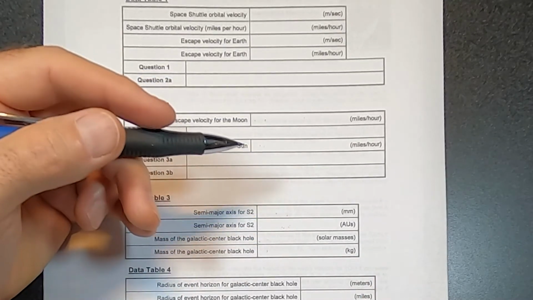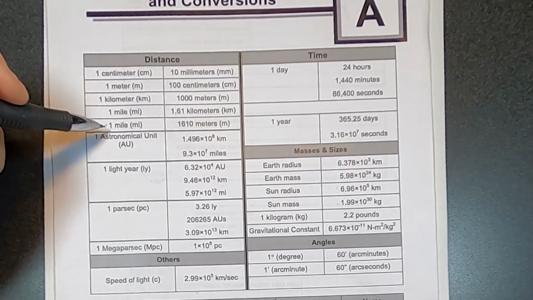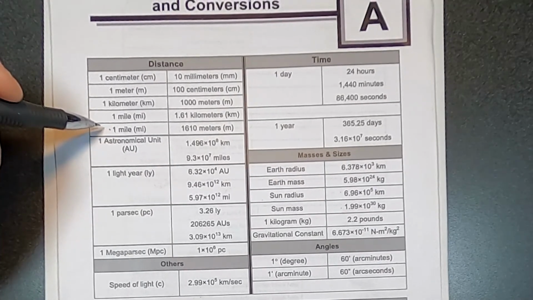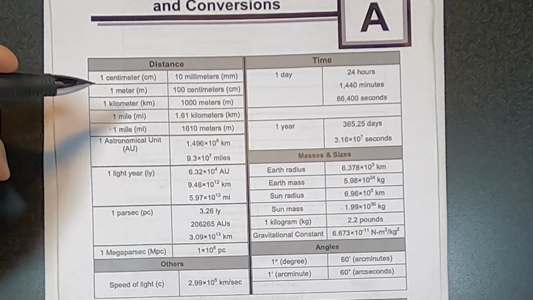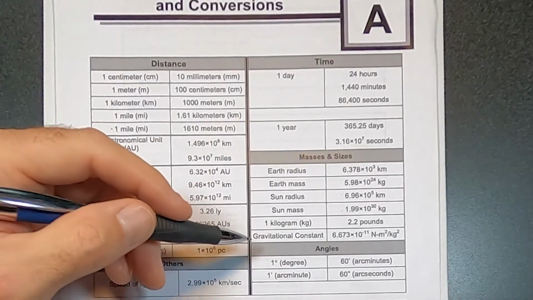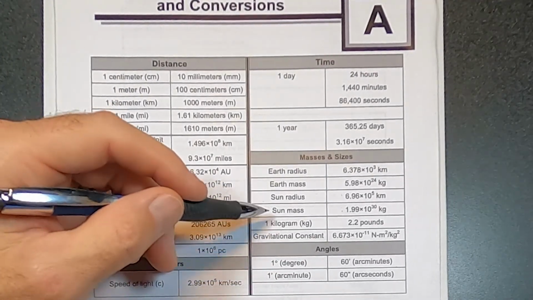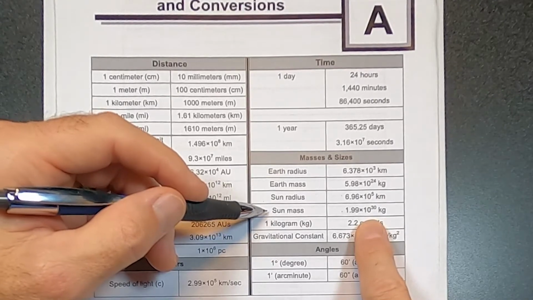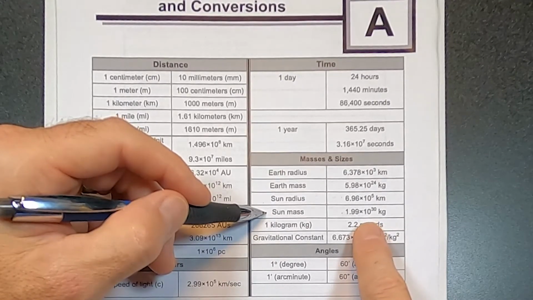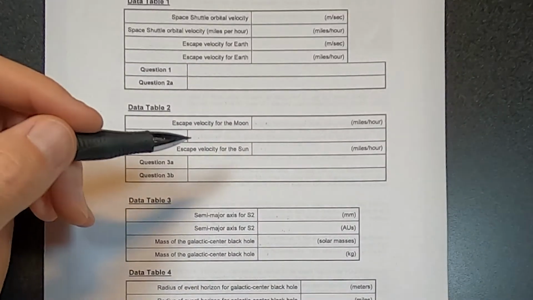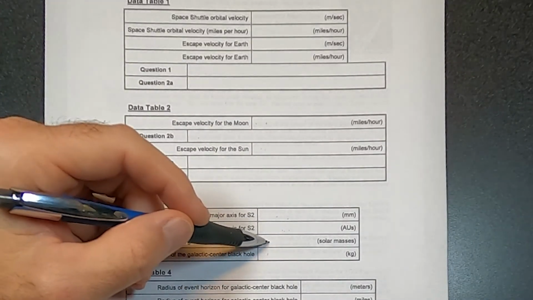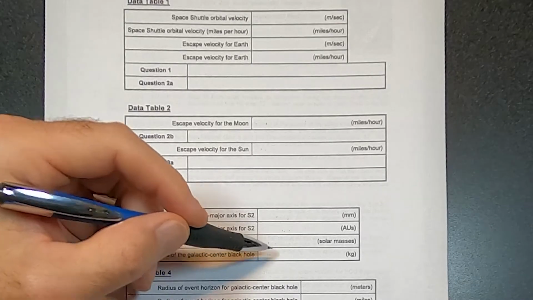And the way to do that is to remember that you have a conversion on here to make that happen. If you go down here, you'll see that the sun's mass is reported in kilograms. So what you simply need to do is take this number that's in solar masses and convert it to kilograms.